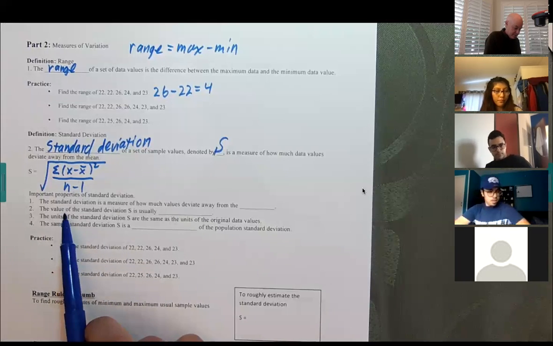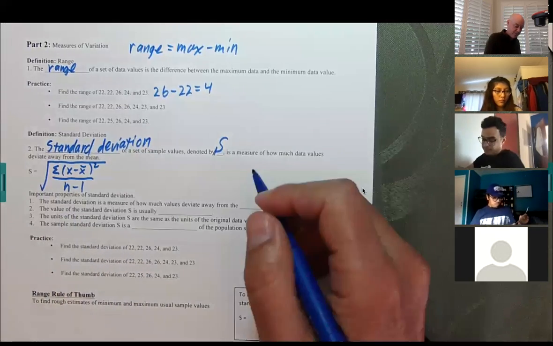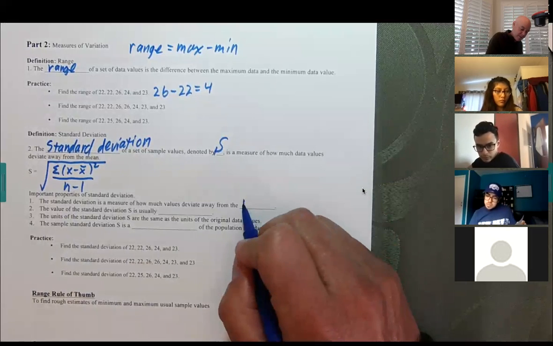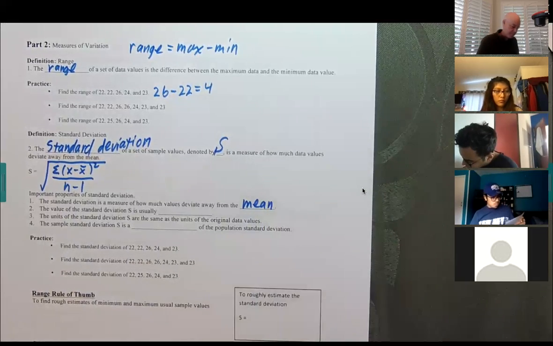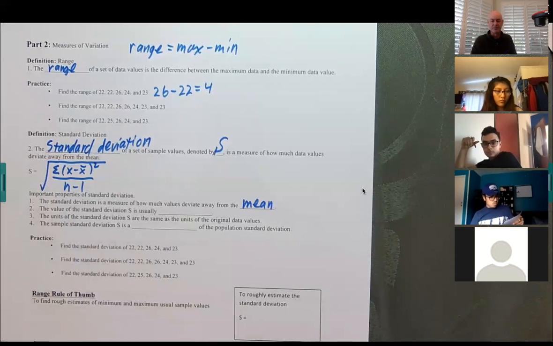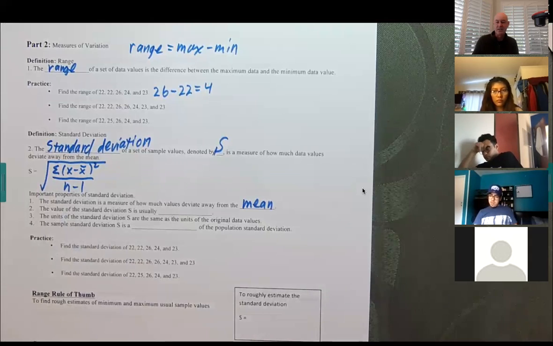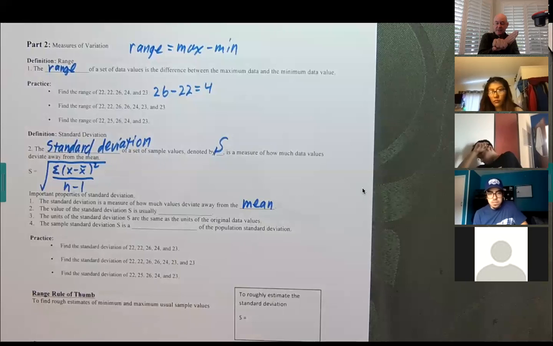Some properties. The standard deviation is the measure of how much values deviate away from the mean. And let me give you an idea of what exactly the meaning of that is. So let's say that I give a test for this class and the mean score is 70%. A small standard deviation would mean that the scores are 71, 68, 72, 70, 69.